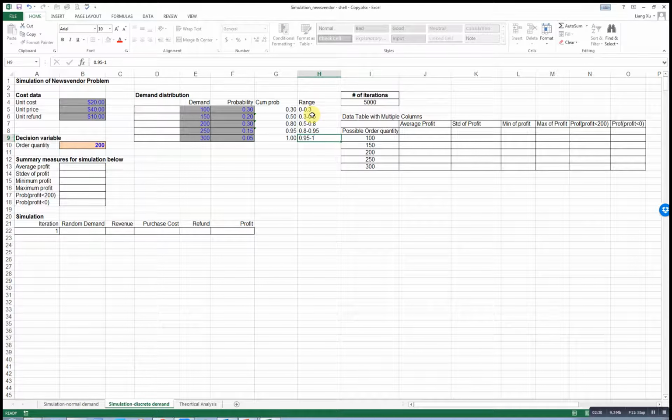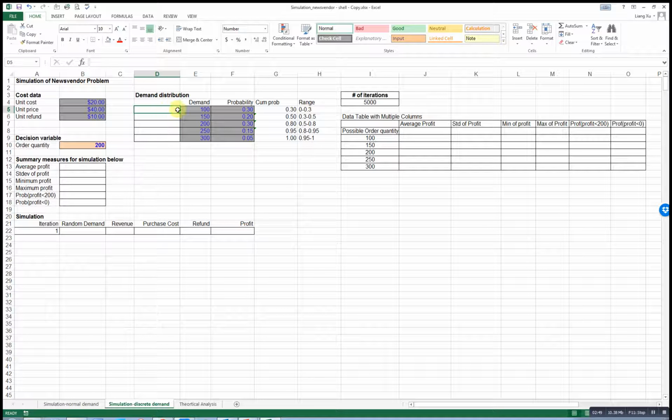You don't actually need to construct this range. If you are very familiar with this, then you could directly construct the VLOOKUP table.